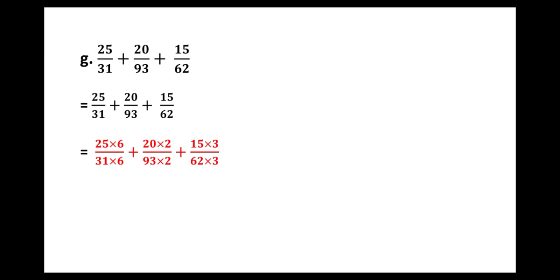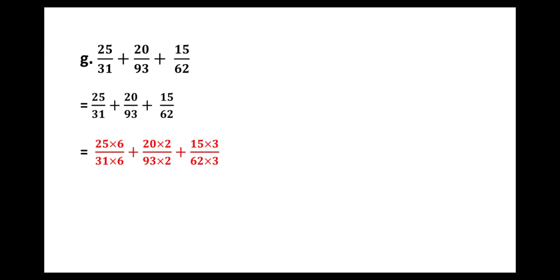The next fraction is 20 upon 93. So 2 times 93 gives us 186. So we multiply 20 upon 93 with the number 2. The next fraction is 15 upon 62.